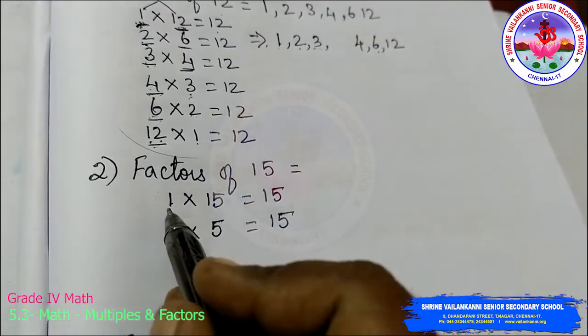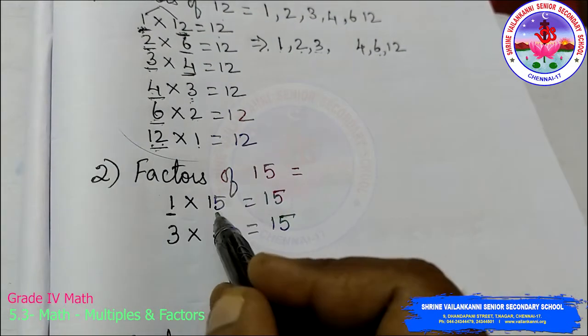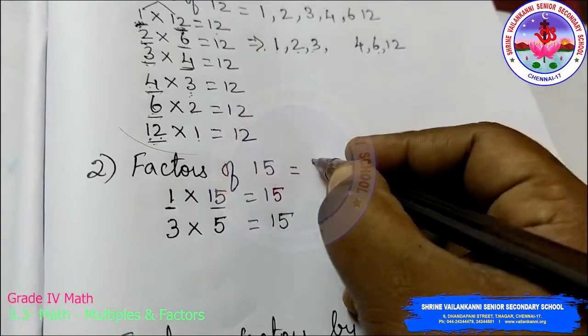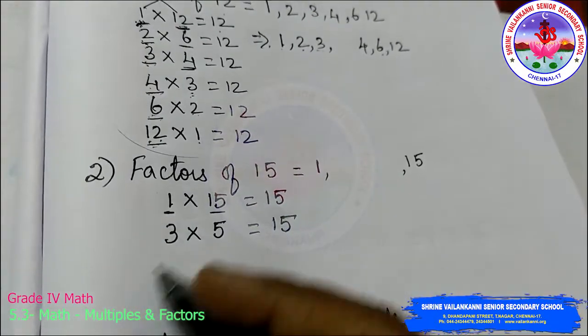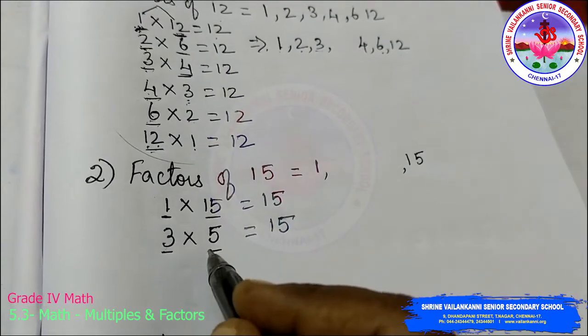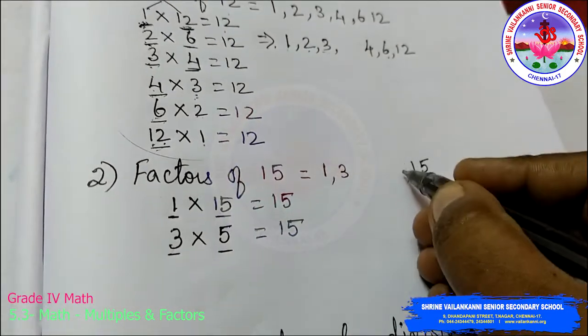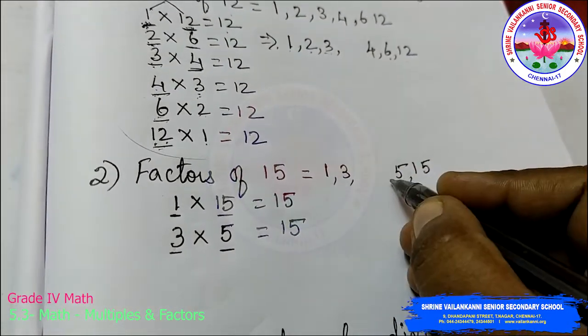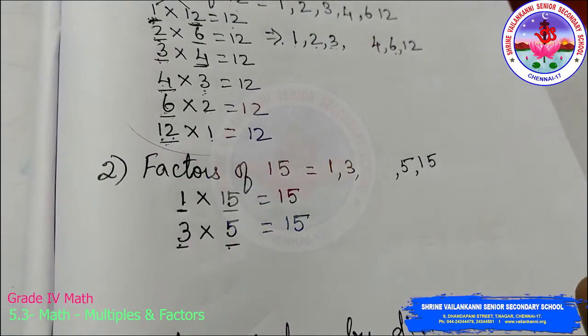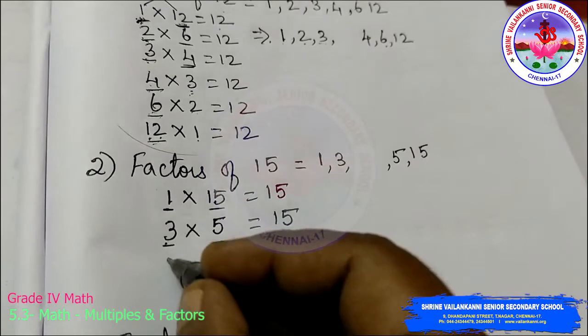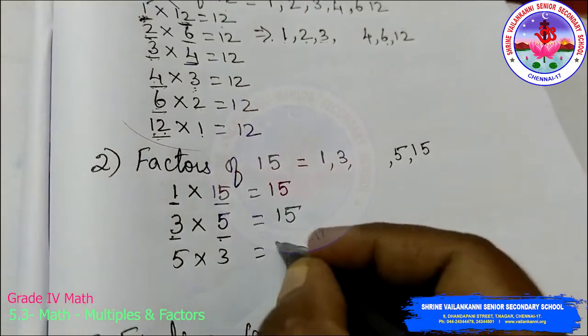So if you see, 1 and 15, then 3 5s. Next after 3, the 4 table will not get, 5 table, 5 3s are 15.